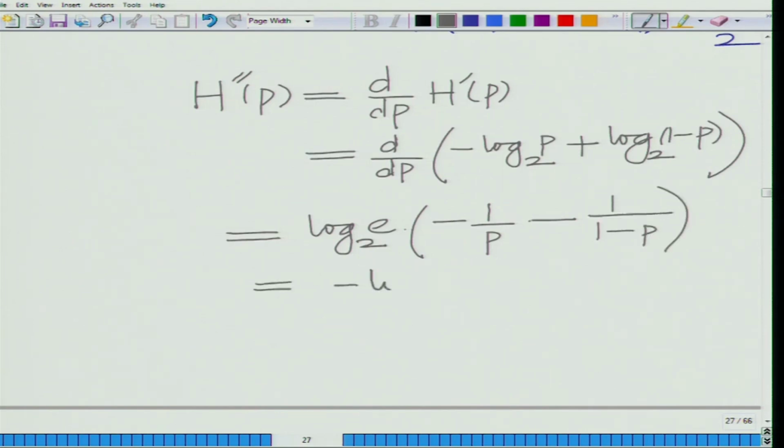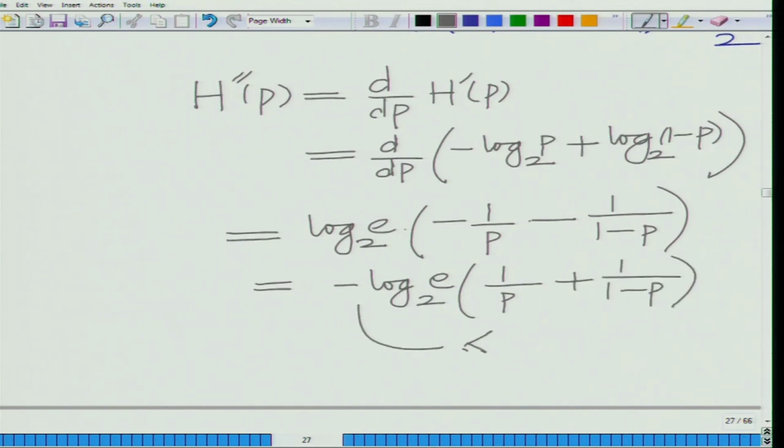So this is minus log e to the base 2 times 1 over p plus 1 over 1 minus p, which is clearly less than or equal to 0.